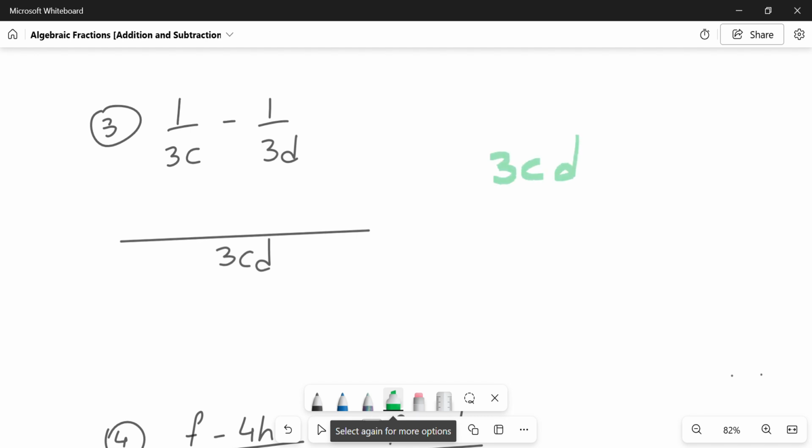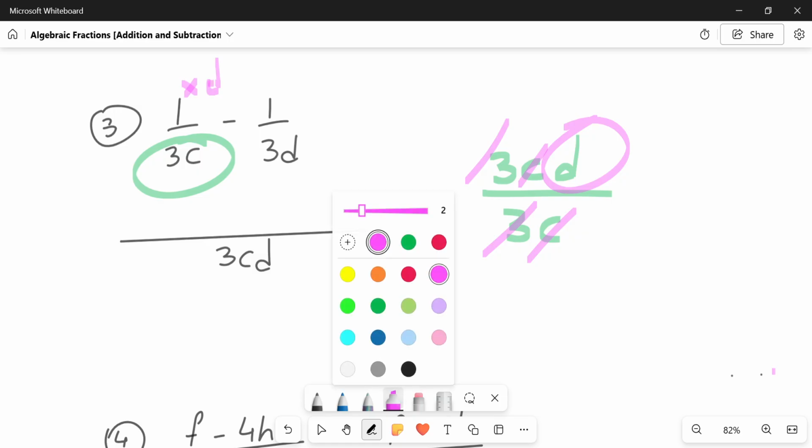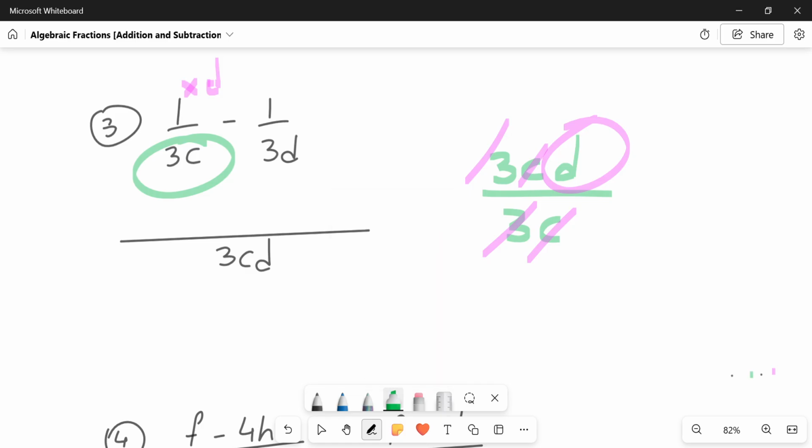3CD divided by this 3C first. Okay, so cancel 3 and 3, C and C. So we are left with only D, right? So here 1 multiplied by D. Now the second one, 1 multiplied by D gives you D. Simple.